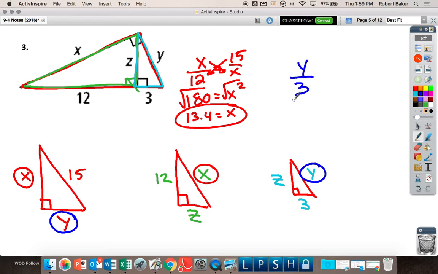Then I have to go 15 over Y. So 15 times 3, 45.